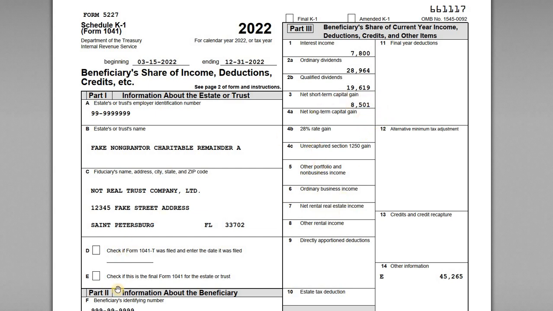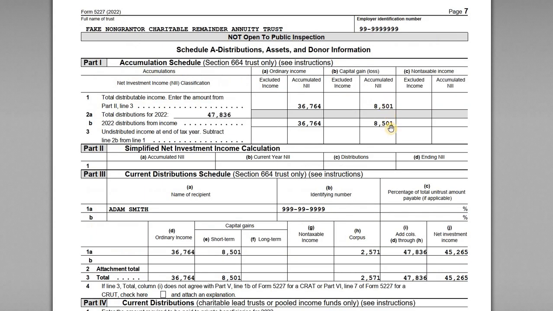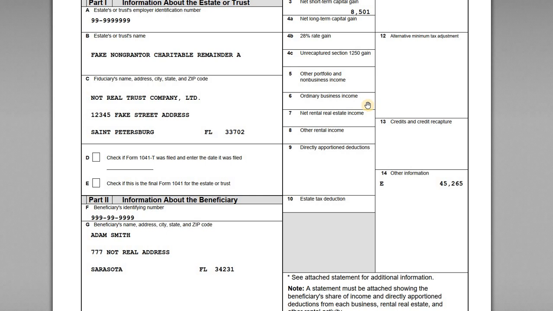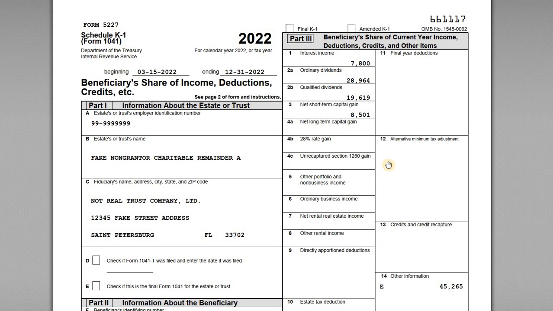We saw the 8501 figure on the accumulation schedule, so we have 8501 in capital gains distributed. Corpus doesn't get reported on the K1, so no issue there. The net investment income gets reported on the K1, which is pretty straightforward. But the real question is, how do we separate the ordinary piece?